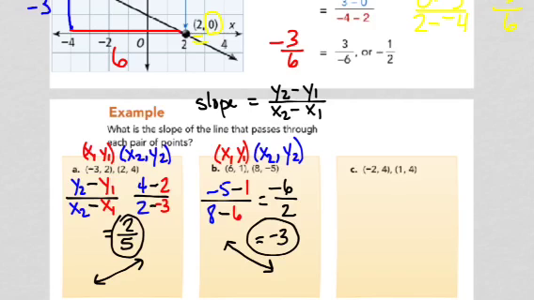One more example. So I'm going to call this one x1, y1, and then the second point I'm going to call x2, y2. And I'm ready to plug numbers in. So y2 minus y1 over x2 minus x1.